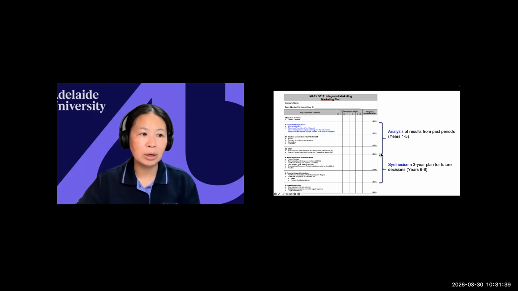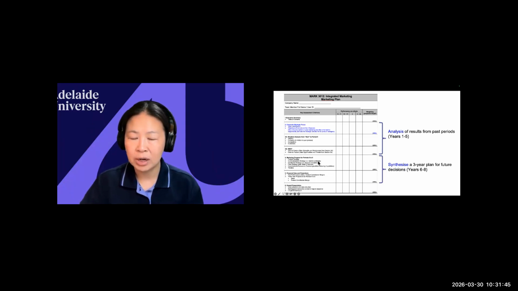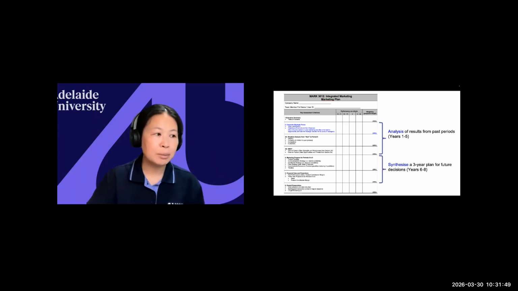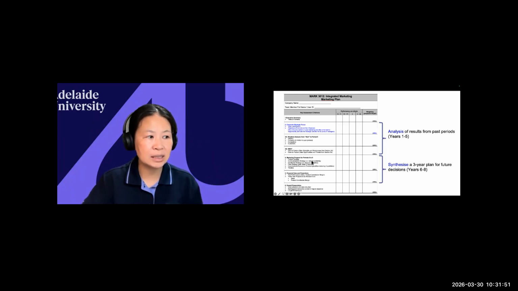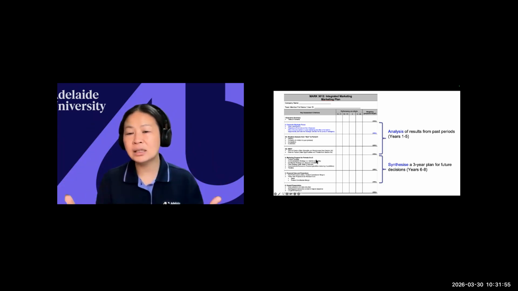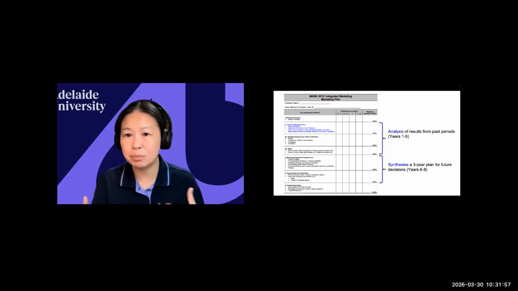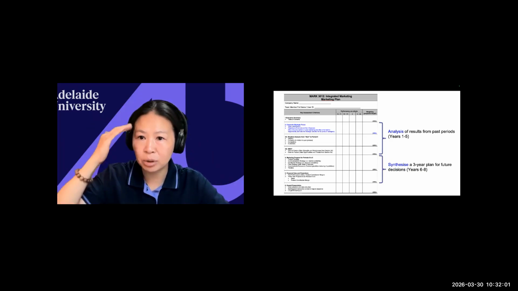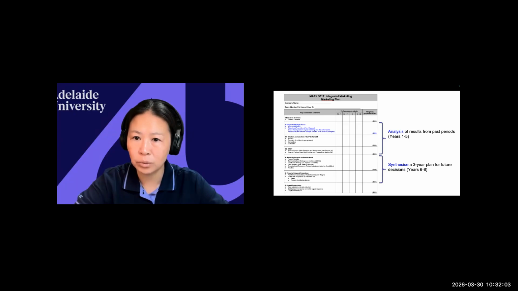Once you've got your summary of the analysis sections done, how do you then make the recommendations for your marketing program? So the marketing program is the marketing plan because you're planning for years 6, 7, and 8 of your product. These sections have not happened yet. These periods have not rolled over yet. You are going to be writing about the prediction or the plan going forward.